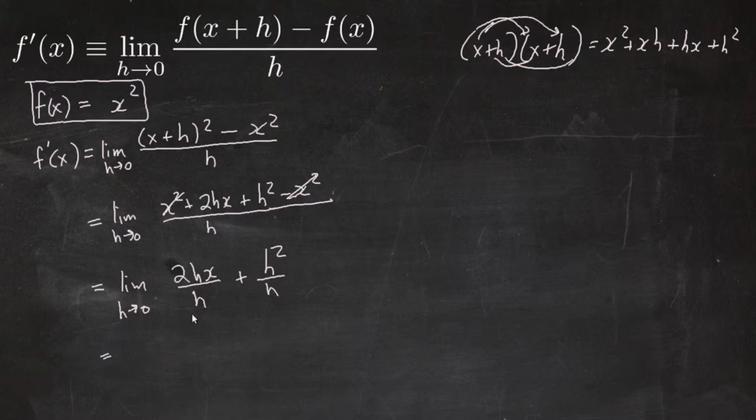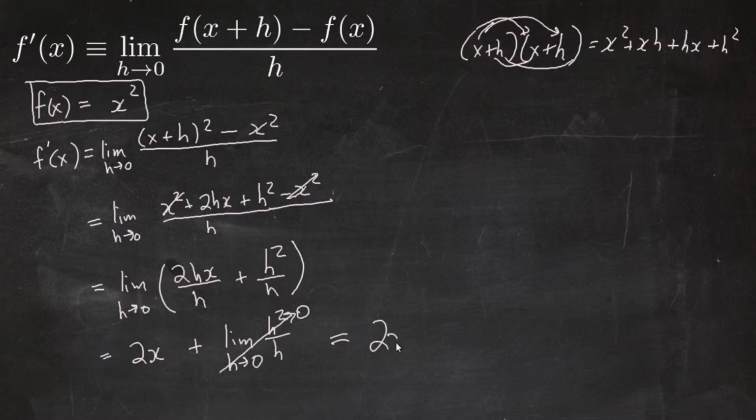And because they approach at the same rate, this ratio is just 1, as you'd expect. So this is going to be 2x plus the limit as h goes to 0, distributing the limit over the two terms, of h squared over h. Now I know h squared goes to 0 a lot faster than h does, so this thing actually goes to 0. So we get just 2x.